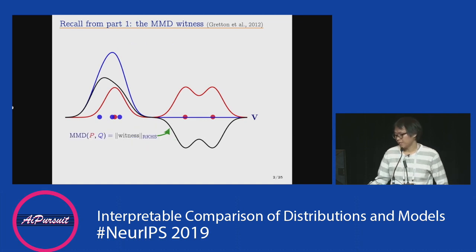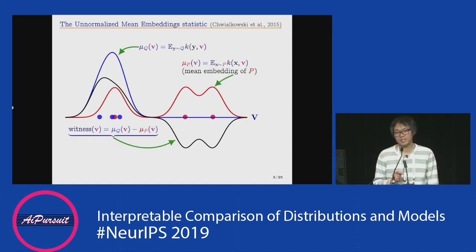Now, to get interpretability, we are going to do something slightly different here. Instead of taking the norm, you can take the witness function and first notice that the witness function is the zero function if and only if P is Q. You have seen this already.